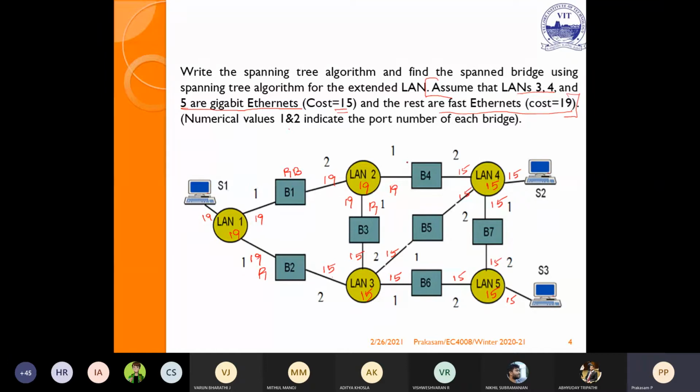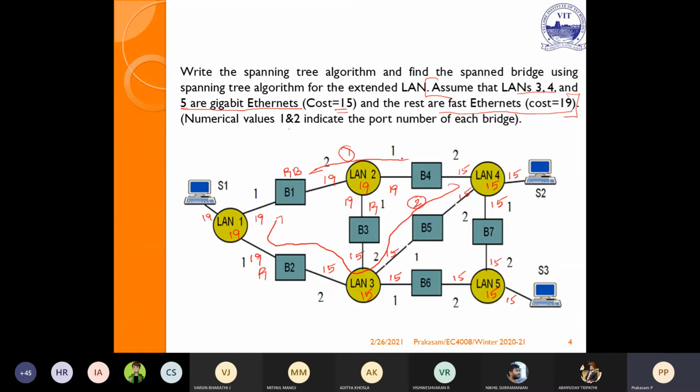From B4 to B1, this is one path. This is another path. We have many paths in path 2, so we take only one, because automatically this is the least cost.